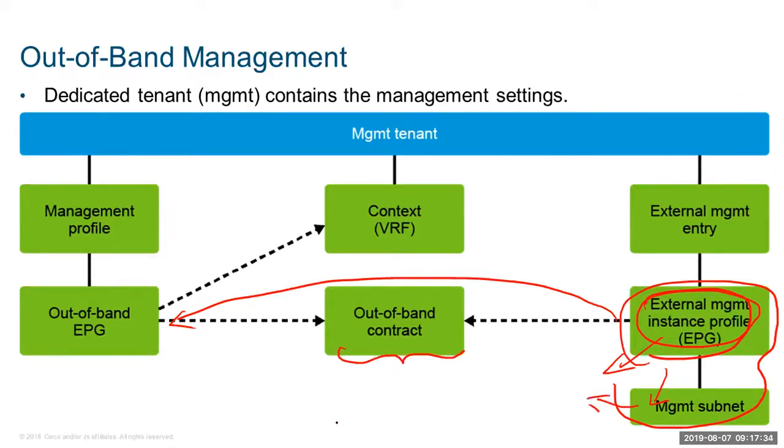So if I specify 10.2.0.0/16, that means any host with IPs 10.2.x.x can go ahead and communicate to the out-of-band management ports of the APIC by utilizing a contract. So you're going to have to build an out-of-band management contract, or out-of-band contract.